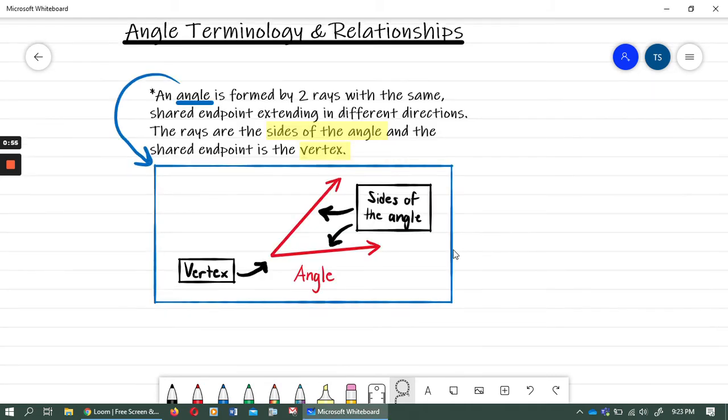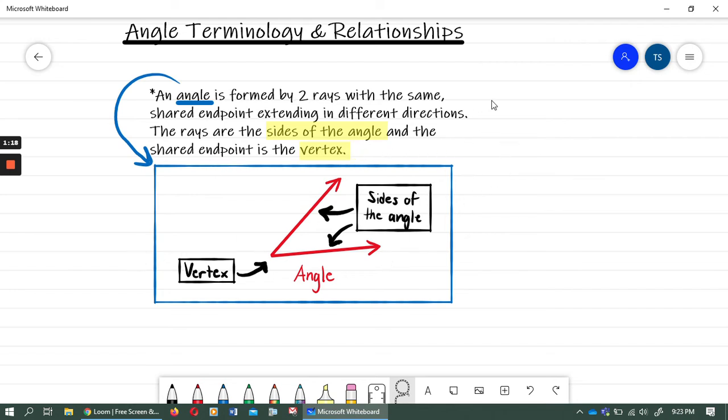If you remember in our most recent previous lesson, we introduced what an angle is. An angle is formed by two rays with the same shared endpoint extending in different directions.